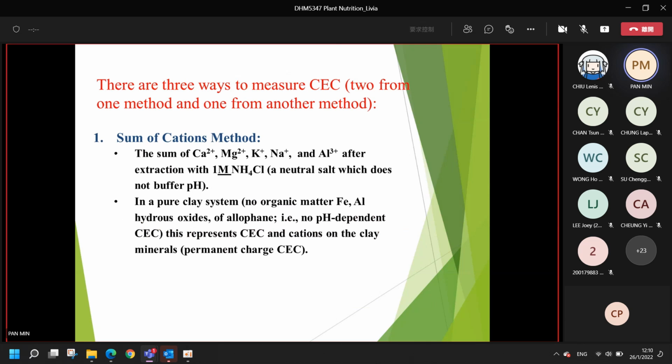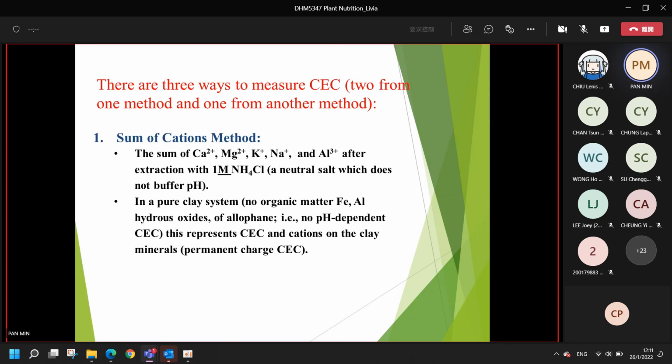And there are 3 ways to measure the CEC. For different CEC determinations, when you use different solutions, you will measure different parts of the cation exchange capacity in the soil.